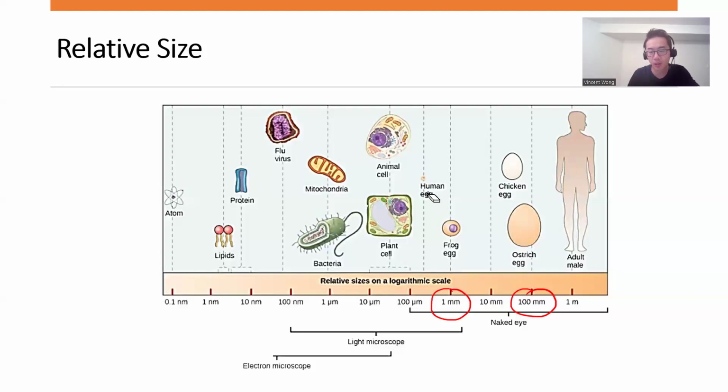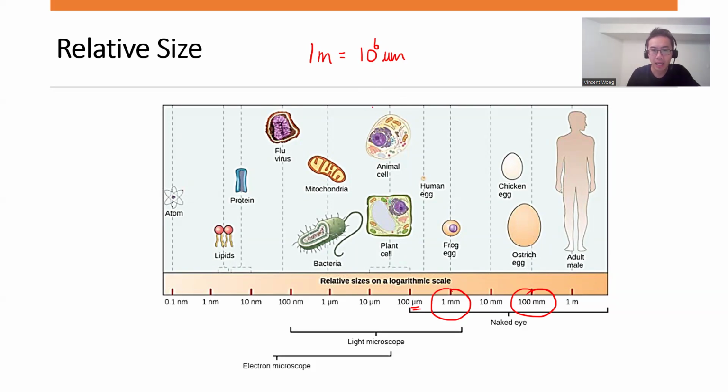Human eggs are much smaller. You can see it with the naked eye. And if we go down again by another 100, the unit is now micrometer. Before I told you 1 meter has 10 to the 6 micrometers. So a micrometer is a millionth of a meter.